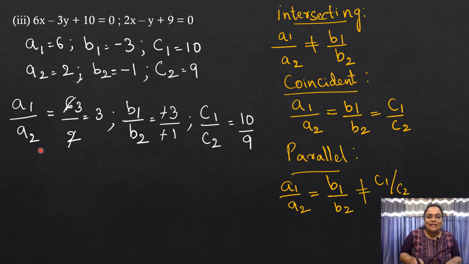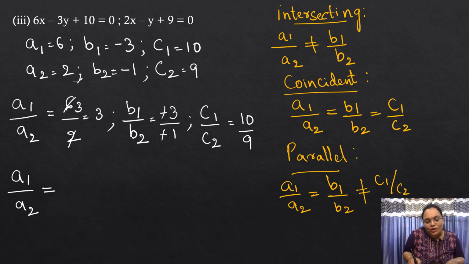So here you can see that the ratios of A1 by A2 and B1 by B2 are equal and not equal to the ratio of C1 by C2. Yes, so this is the condition for the parallel lines: A1 by A2 is equals to B1 by B2 is not equals to C1 by C2.